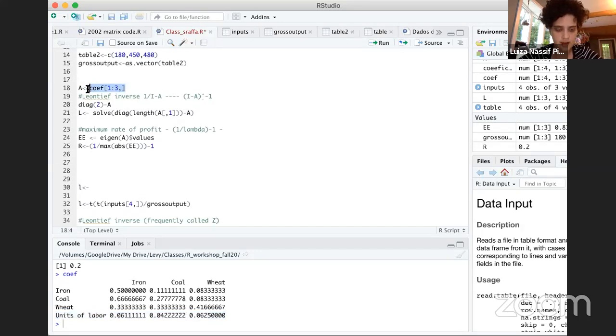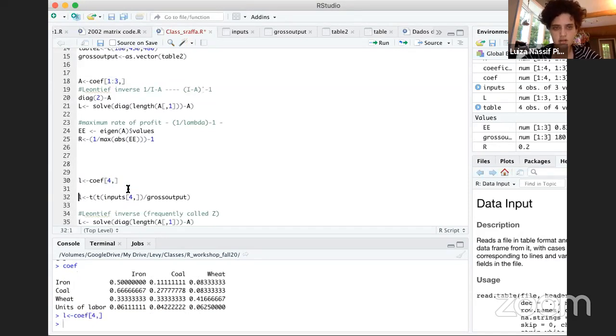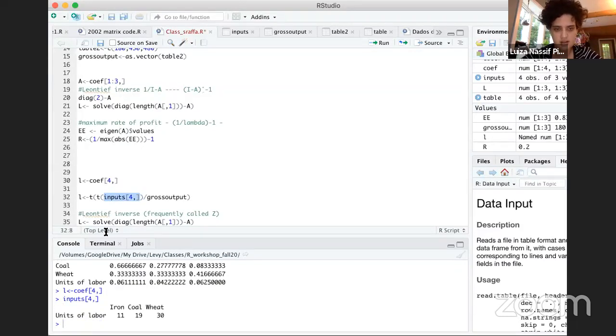So my small l is what I did not put on there. My small l is also seen as the last line of inputs, but this is already done, right? So it's the units of labor divided by the gross output. So this is just redoing something I already did. So you don't need to do it this way. It's more complicated. I don't know why I did it like that.